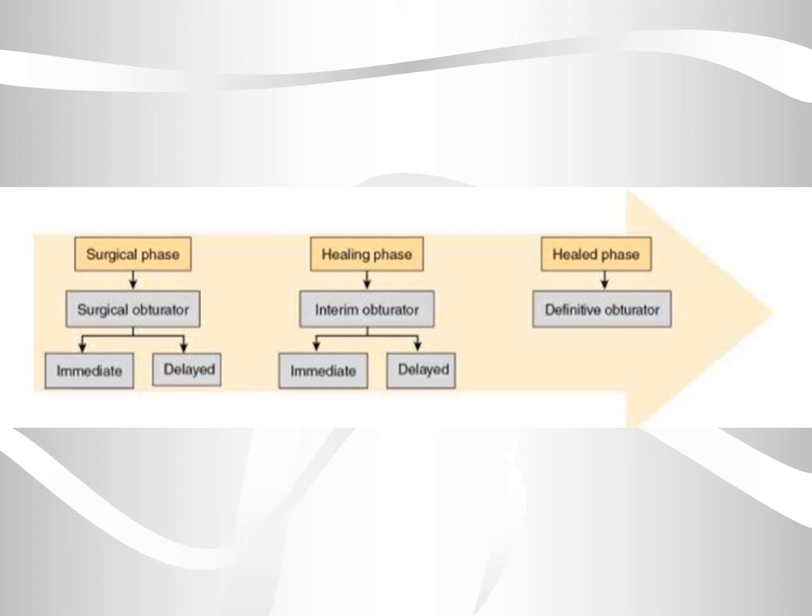The surgical phase consists of the surgical obturator, which is divided into immediate and delayed. In the healing phase, it is called the interim obturator, which can again be divided into immediate or delayed. The healed phase is the definitive obturator.